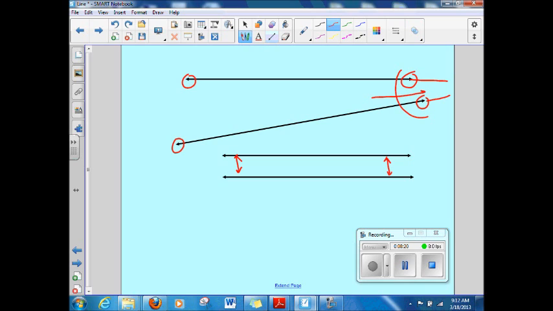Now, I might be off just a little bit, but if I had drawn it perfectly, they'd be the same distance on both ends, and then those two lines would never intersect. If two lines never intersect, they are called parallel lines. Let's see, parallel, P-A-R-A-L-L-E-L, parallel. These lines are called parallel lines.